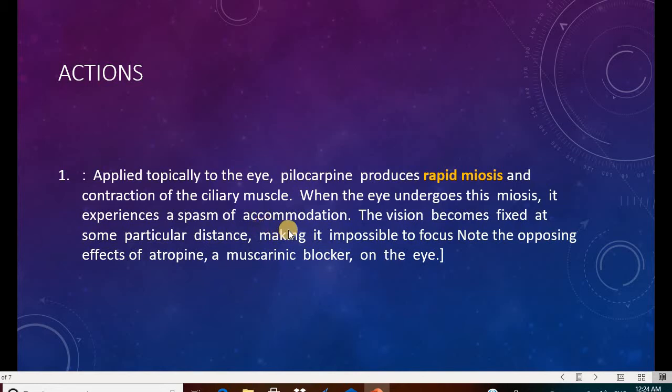So you can use an antidote like atropine to oppose this effect.